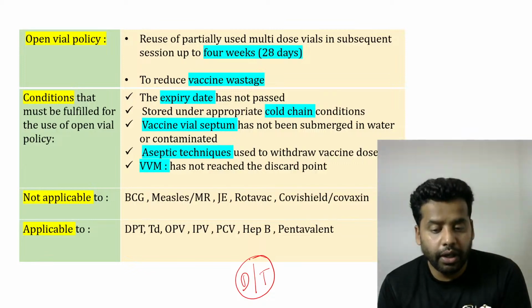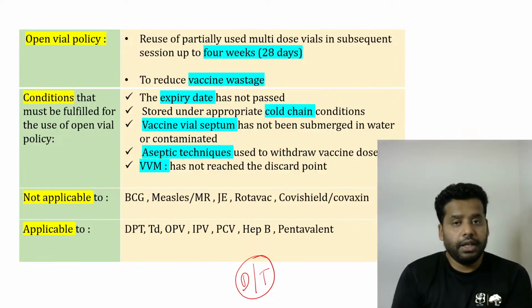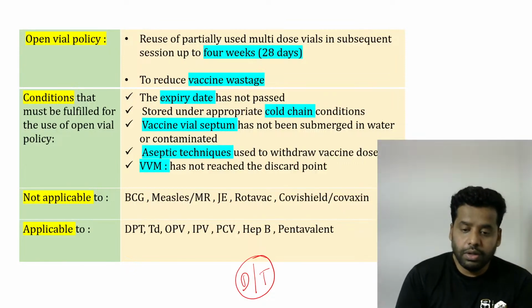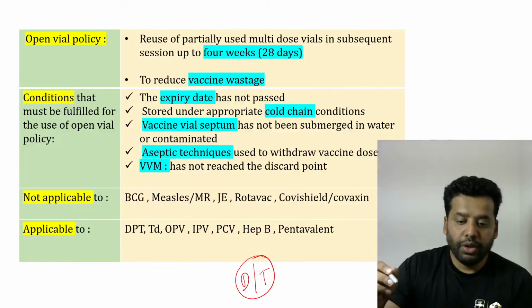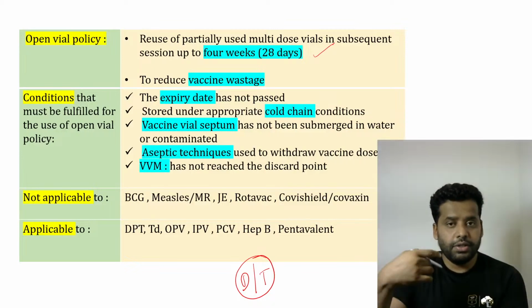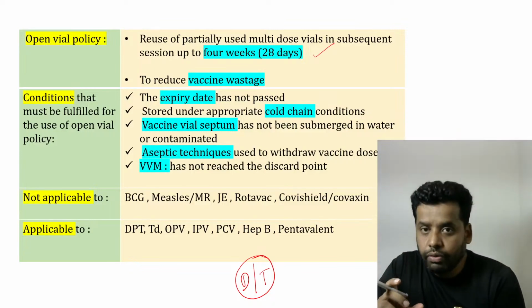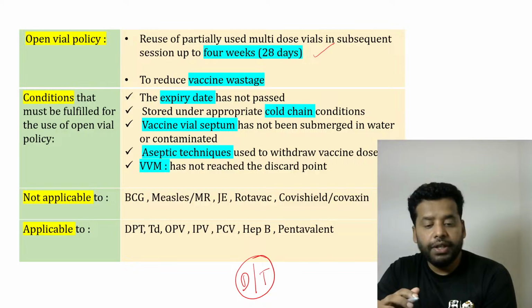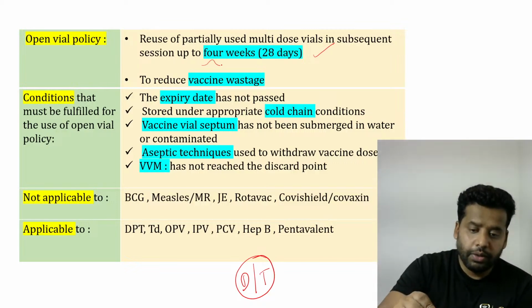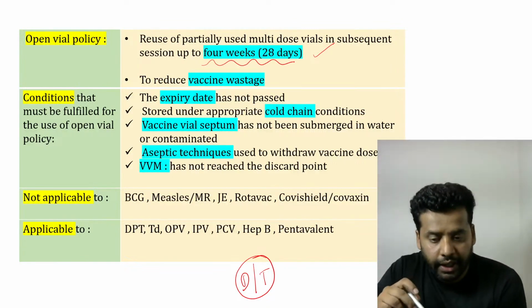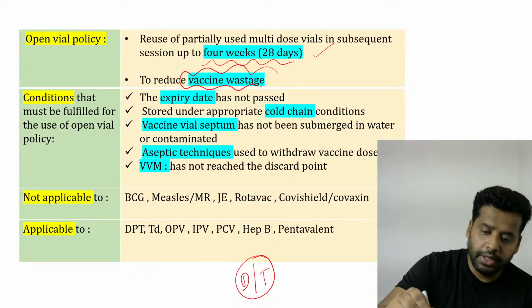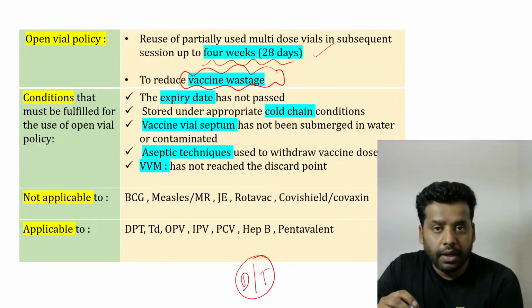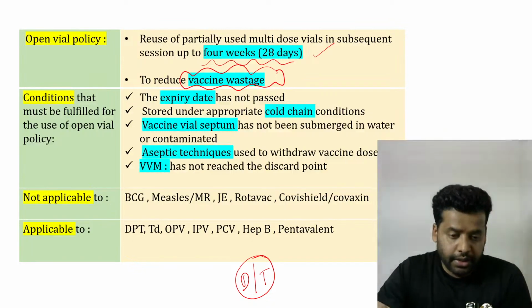If the open vial policy is applicable, you can use it for the next sessions also, for 4 weeks, 28 days. That is why I mentioned date and time. What is the main advantage? You are reducing vaccine wastage.